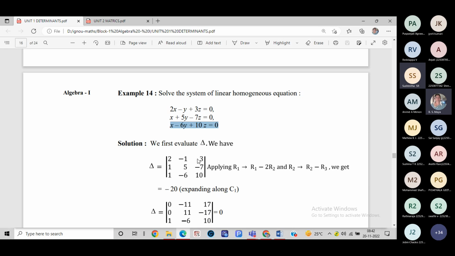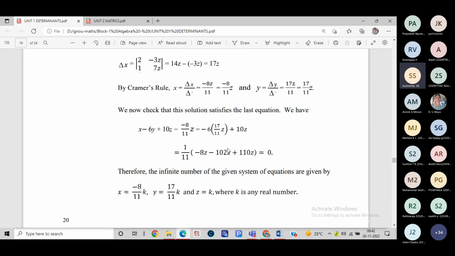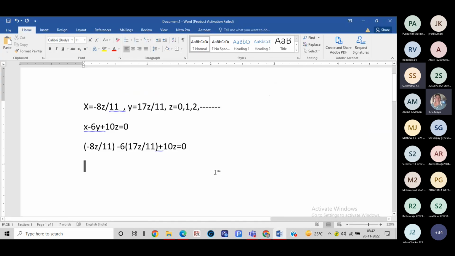When you take 1 by 11 as the common factor, what is the answer? The numerator is minus 8z. Then minus 6 into 17, how much? 102, and z is there, right?